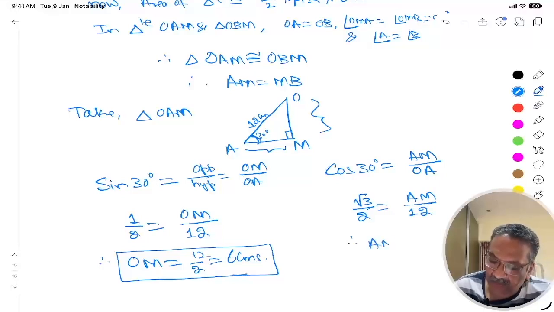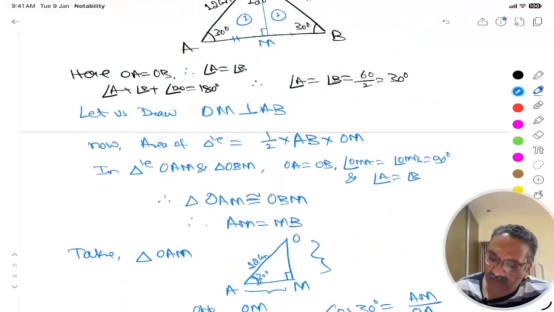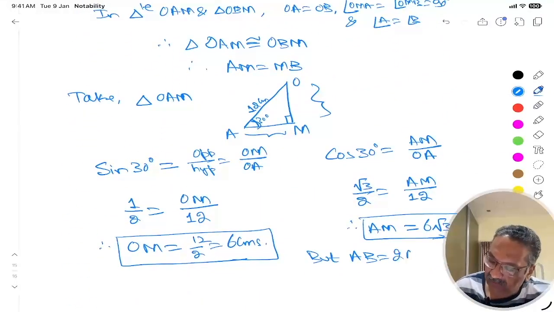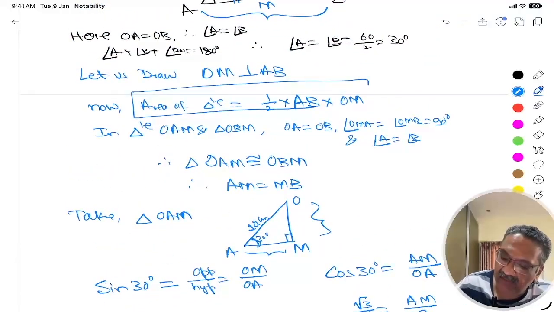Therefore AM is equal to 6 root 3 centimeters. But I also know that AB is twice AM, which is equal to 12 root 3.